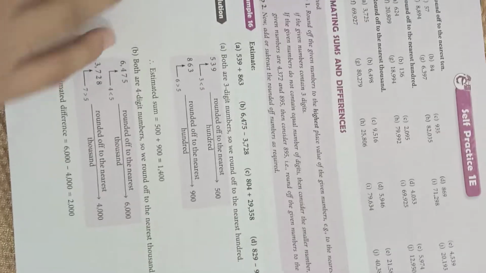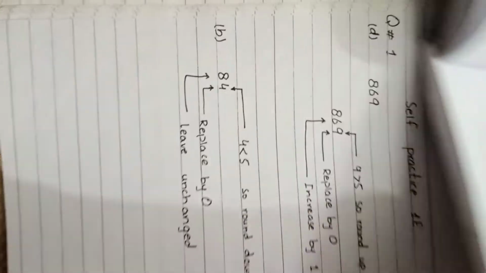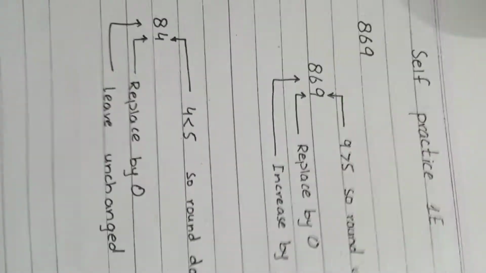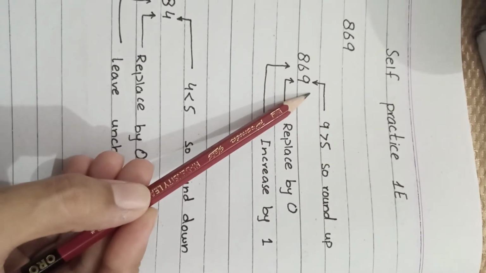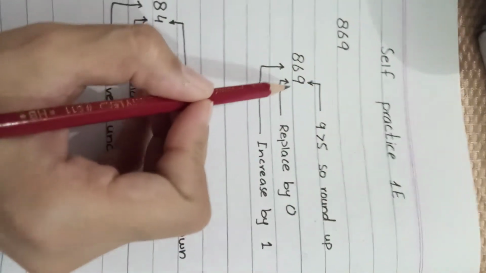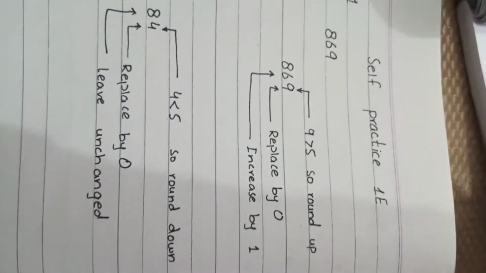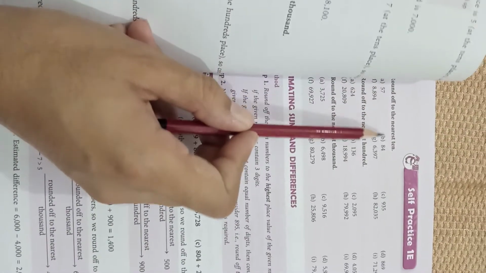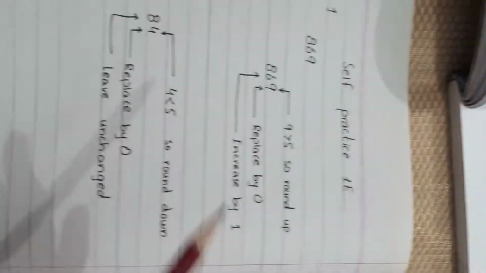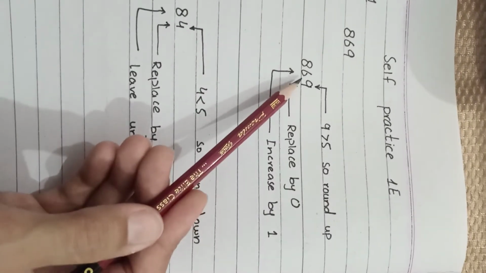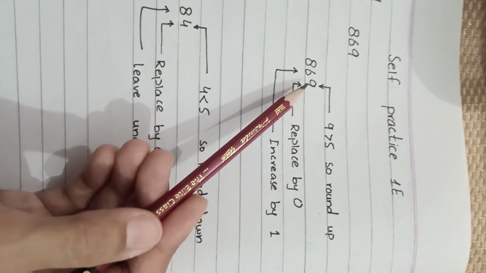Now I will solve one question from the exercise. First I will do its D part, 869. I have written 869 and put an arrow here. They tell us to round off to the nearest 10, so we will look at the ones digit.